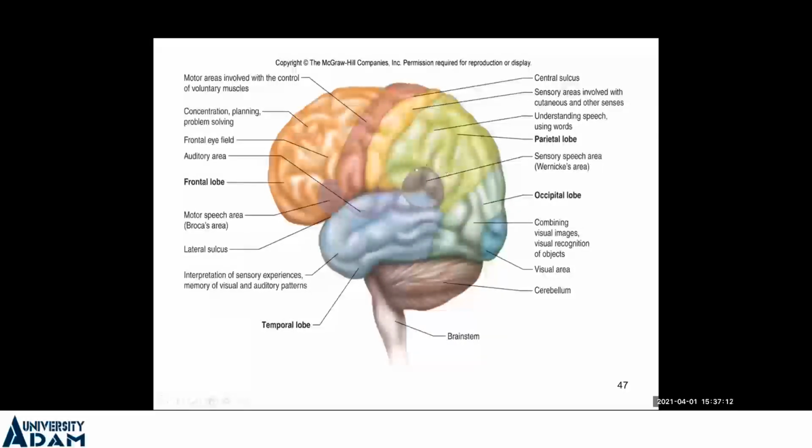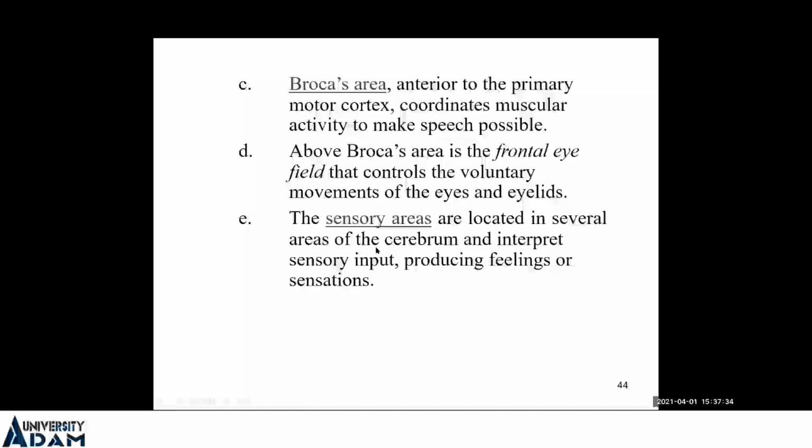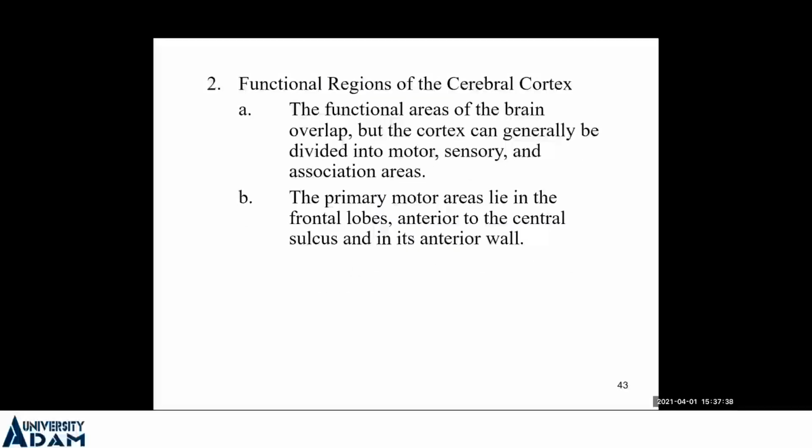And Wernicke area, the sensory speech area, when the patient is not understanding what the person is talking about, Wernicke's aphasia. So problems in the comprehension of the language, and with the motor Broca area, problems with speaking. These are the differences. Okay.